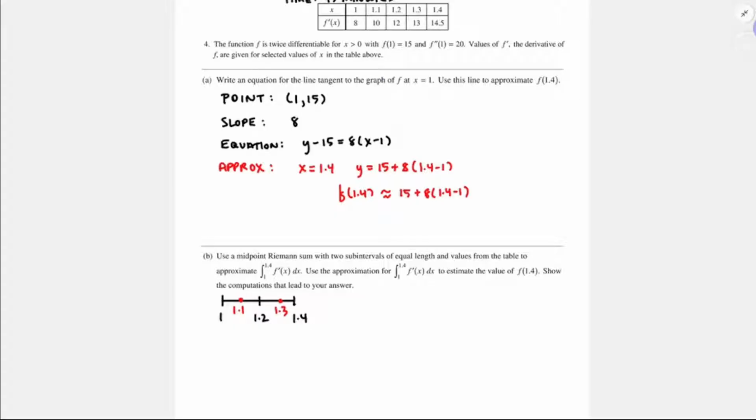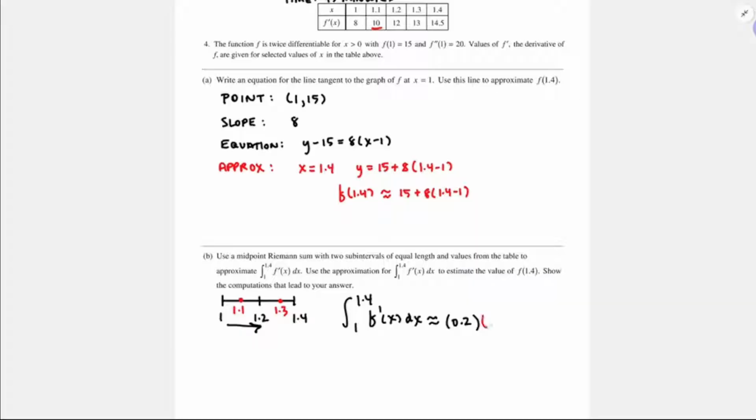So it's going to be the integral from 1 to 1.4 of f prime, approximately equal to, okay, width of the first subinterval, 1 to 1.2, is 0.2. Height is going to be the representative value at x equals 1.1, and that would be 10.